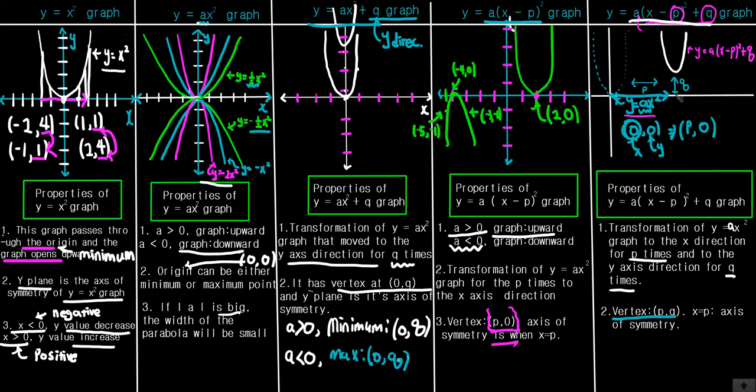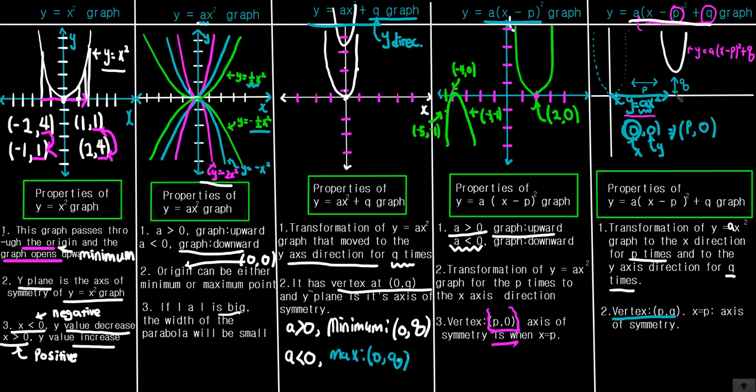And the reason why x is equal to p is the axis of symmetry is because, in order to find the axis of symmetry, the x value at the minimum or maximum point should be the standard of the axis of symmetry.